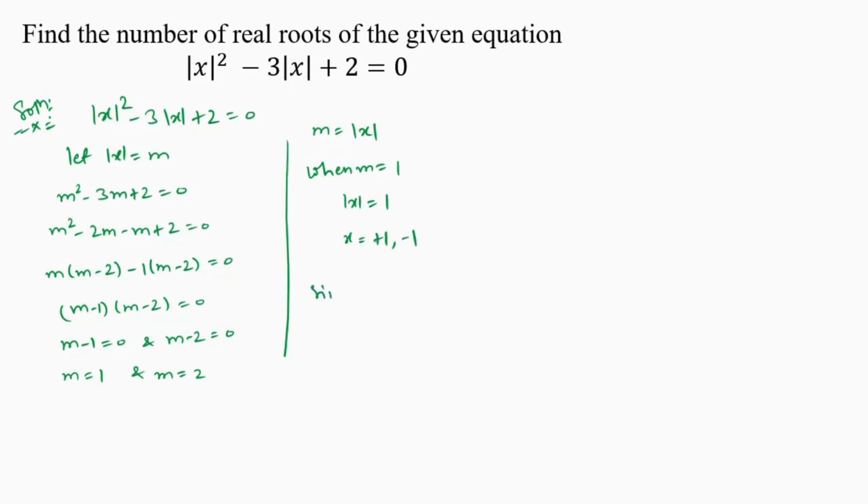And similarly, when the value of m = 2, in this case |x| = 2, here we get the value of x = +2, -2.